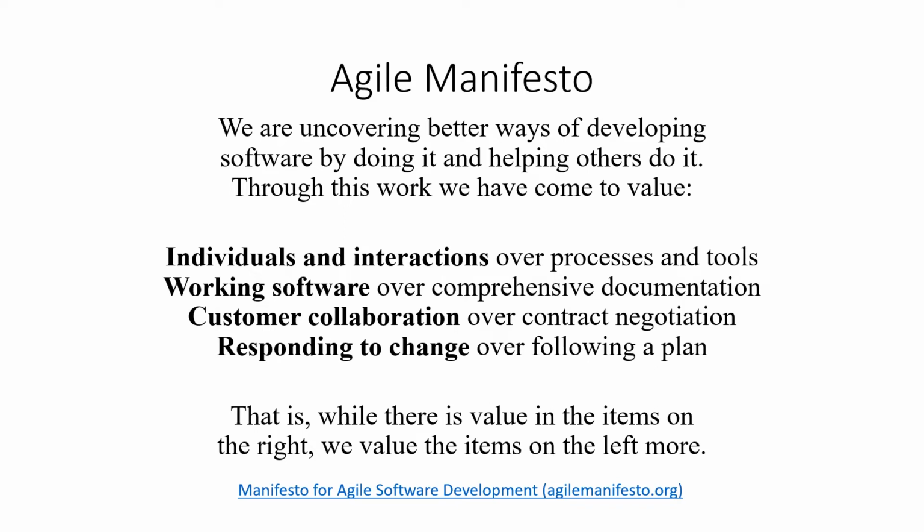But in all, it was important to the writers to acknowledge that companies make money and do so by having accountability. The last point here addresses this, saying that the processes, tools, documentation, contracts, and plans have a place, but that given a choice, having working software that people want is of utmost importance.